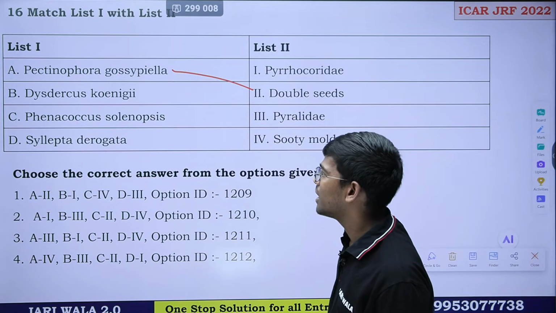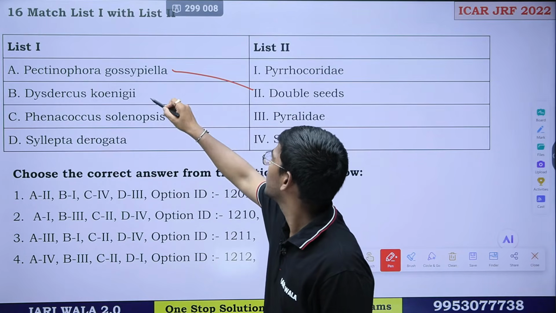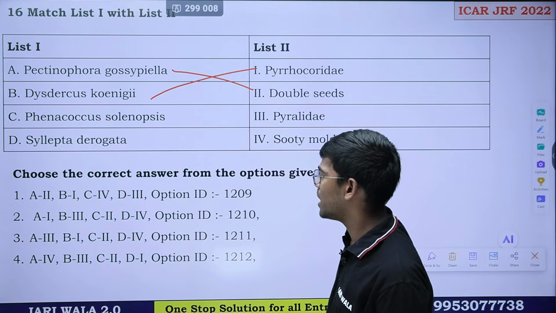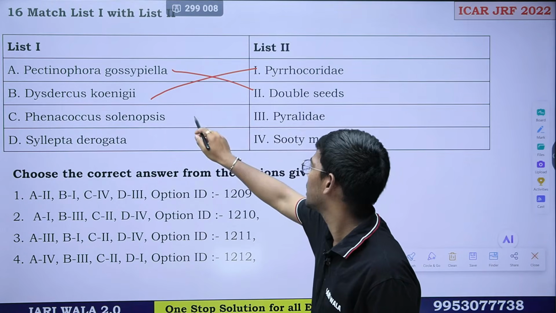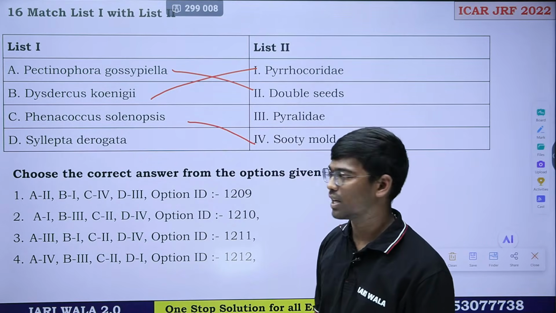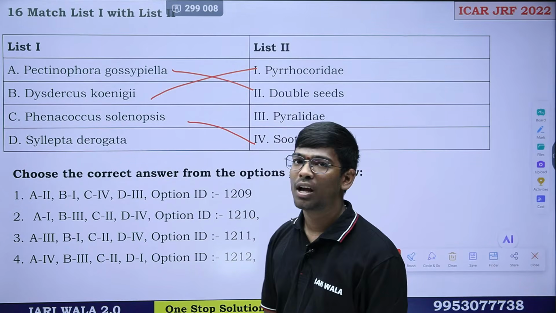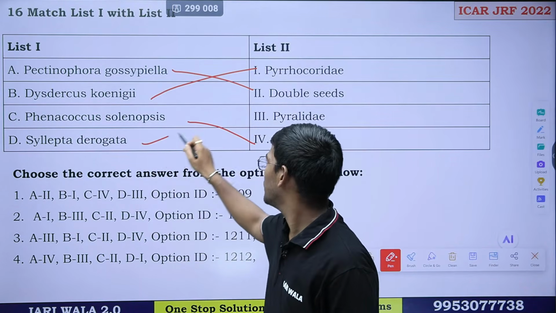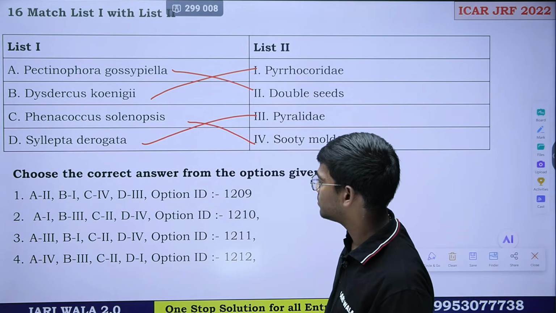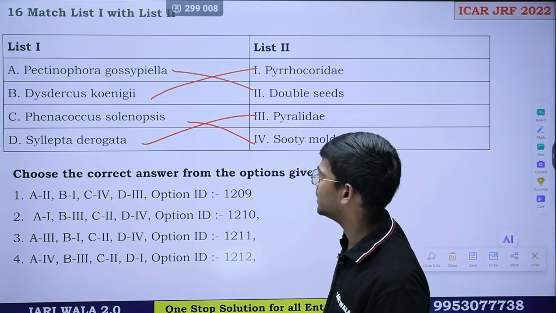Dysdercus koenigii is nothing but the cotton red bug or cotton stainer, that belongs to the family Pyrrhocoridae. Then Phenacoccus solenopsis is mealybug, that is sooty mold, the common symptom of all the sucking pests. Then Sylepta derogata is cotton leaf roller, that belongs to the family Pyralidae. So A2, B1, C4, D3, option 1 is correct.